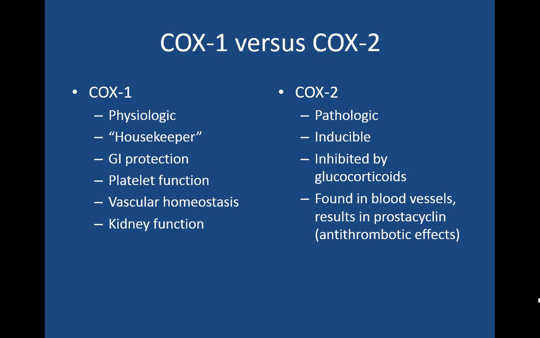You guys remember that one? Thromboxane A2 is what causes platelet aggregation to occur on the COX-1 side of the pathway. So that's why when you block the COX-1 enzyme, you decrease platelet aggregation.